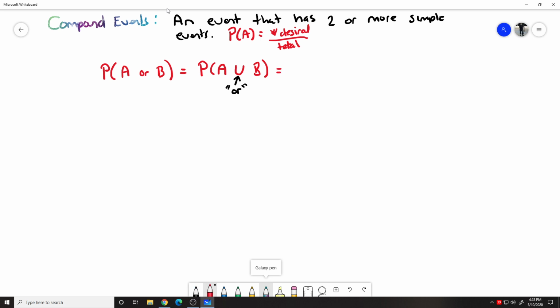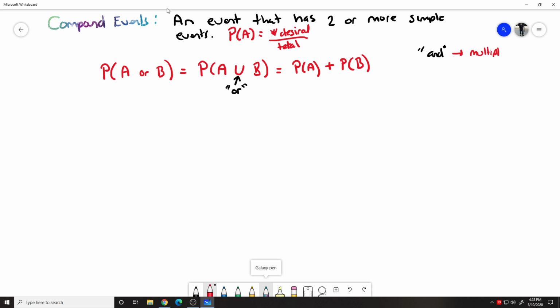So the way that we would calculate this, if you see the word or, you know it means add them together. So we would do the probability of A plus the probability of B. Now see how that's different from independent events where if we use the word and, this and that happening, in that case you are using multiplication.